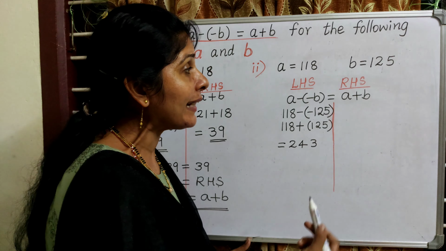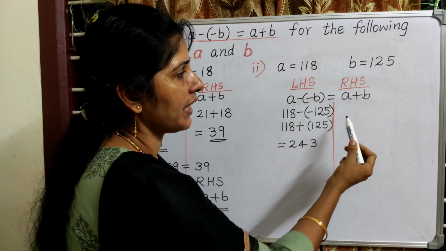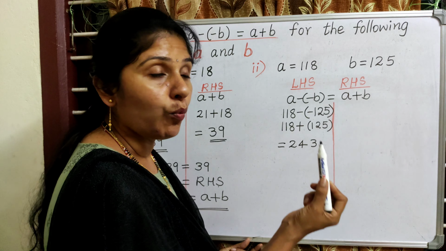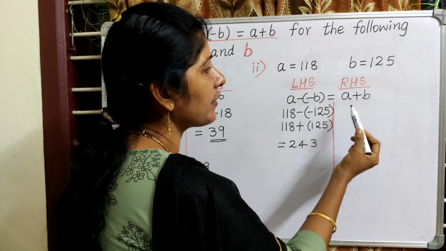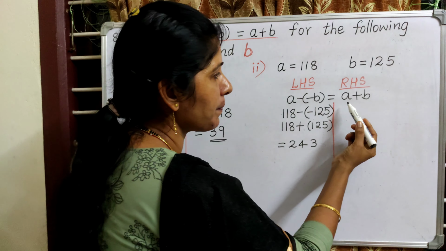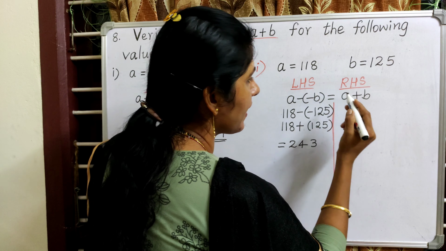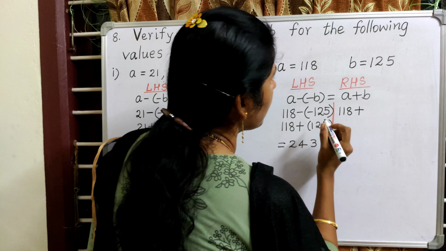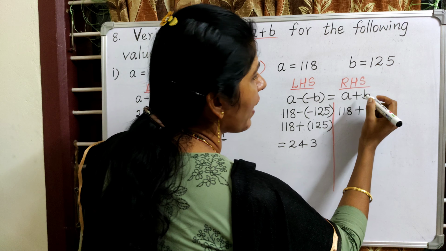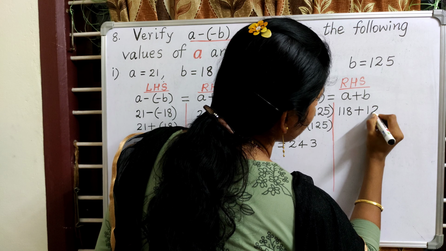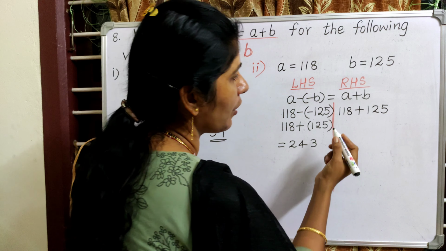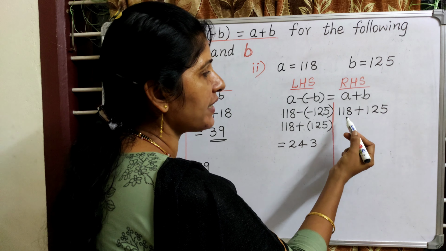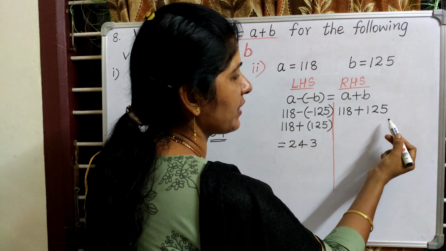Now let us solve the right hand side. A plus B. Write the values of A and B in the formula. In A's place, write 118 plus in B's place, write 125. Now it is 118 plus 125.